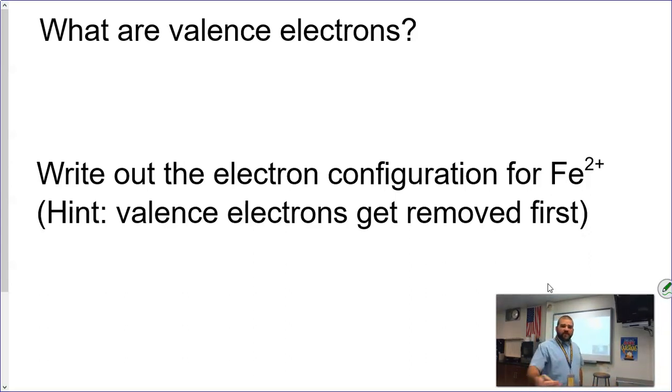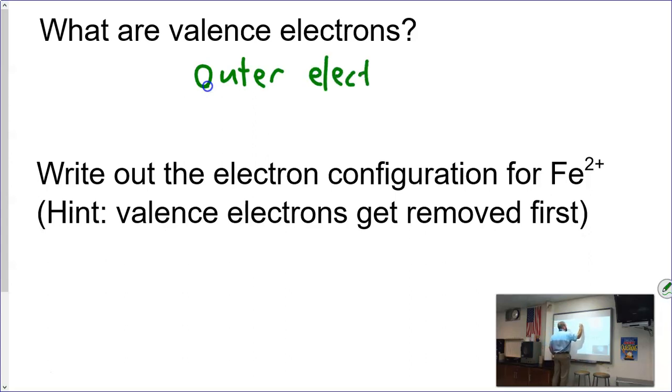All right, first question: valence electrons, what are they? These are the outer electrons.